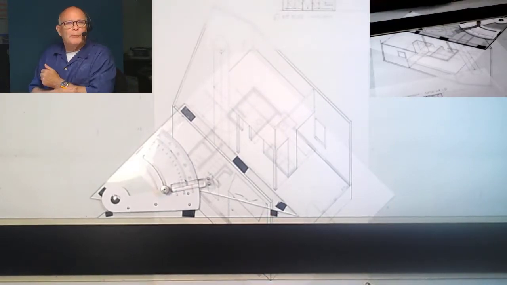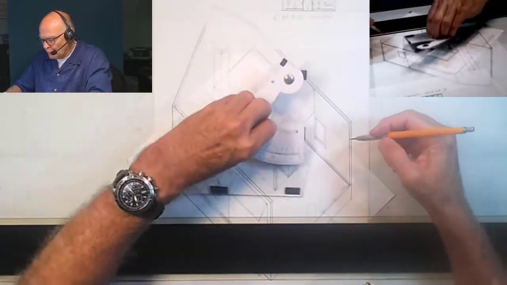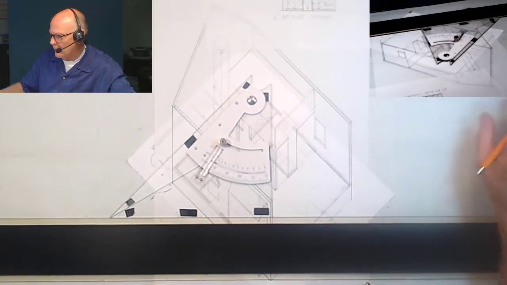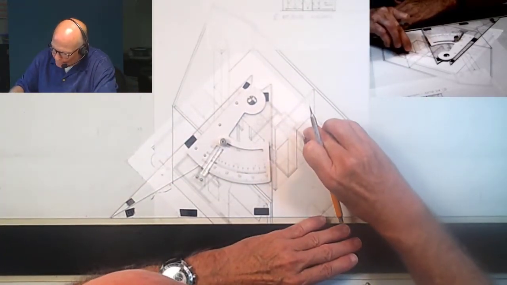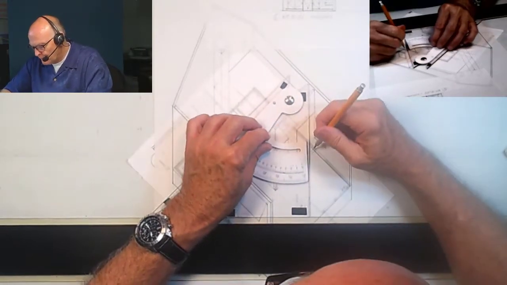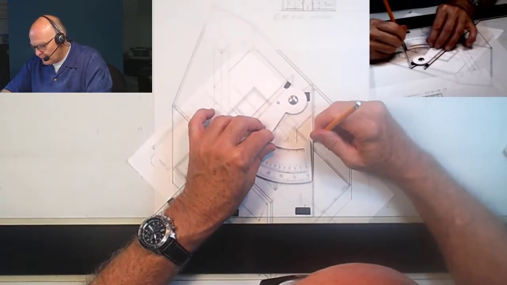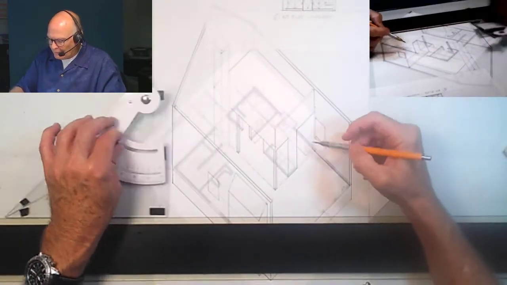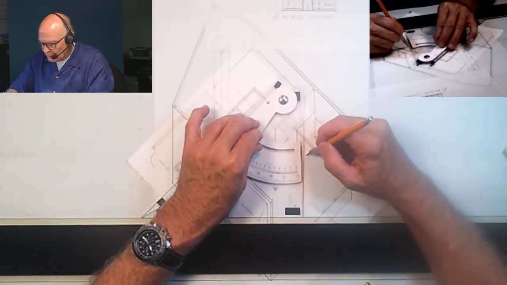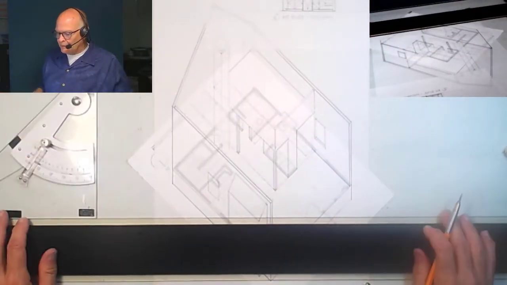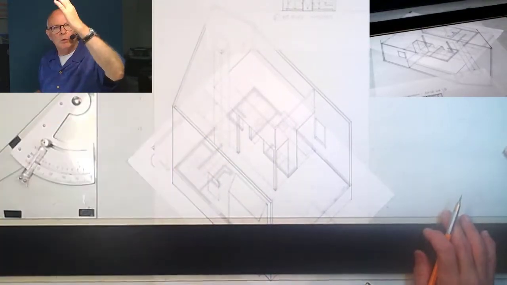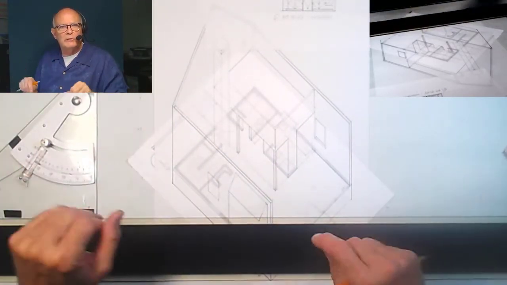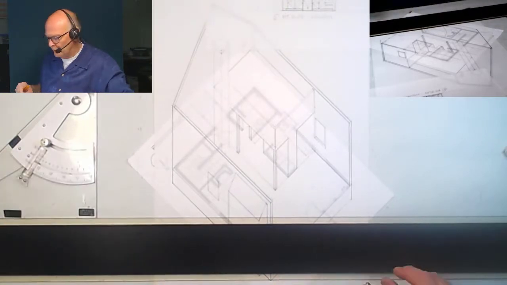And so I just marked a note here, and I'm going to go ahead and erase part of the wall that we're not going to see, which is right there. So basically, that form right here is the form of the base cabinet. So we'll start with the base cabinet, and then we'll work our way up, and then we'll put some details in, and that'll get us close to where we need to be.